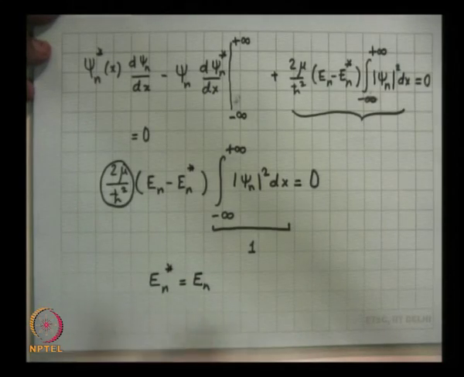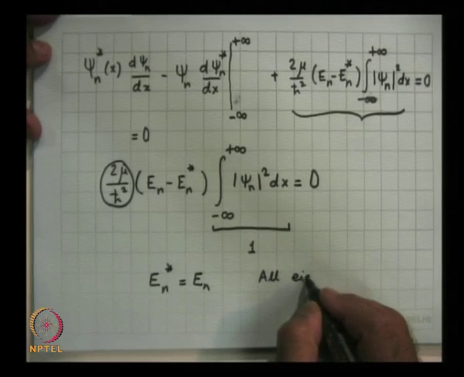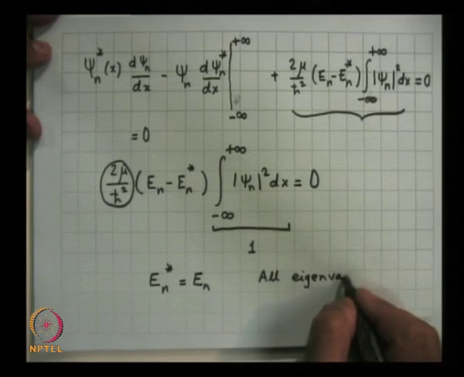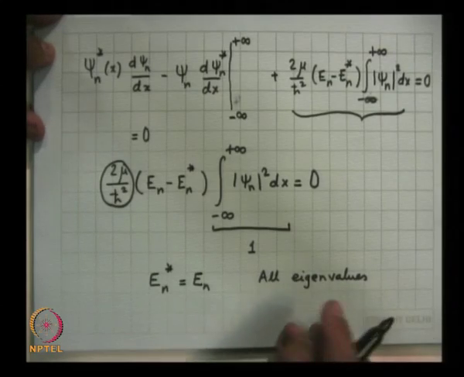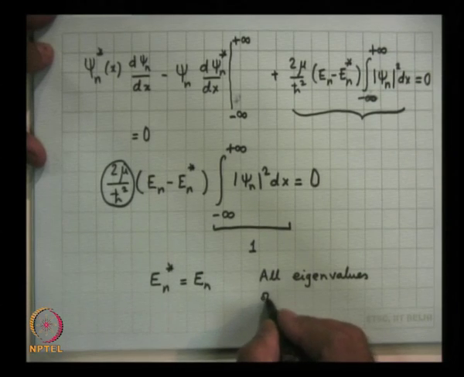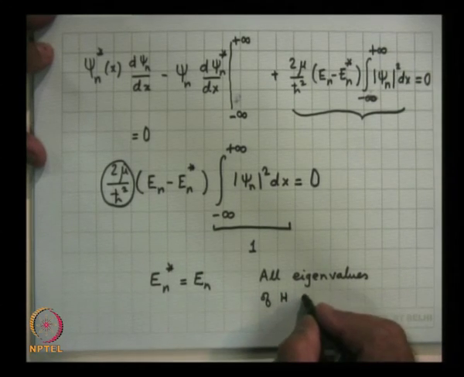That is, all eigenvalues of the Schrodinger equation must necessarily be real. This is an important result. We will come back to it when we discuss Dirac's bra-ket algebra, but all eigenvalues of H, the Hamiltonian, are real.